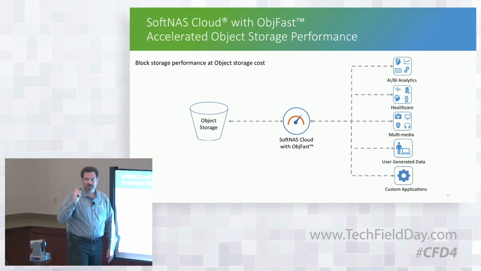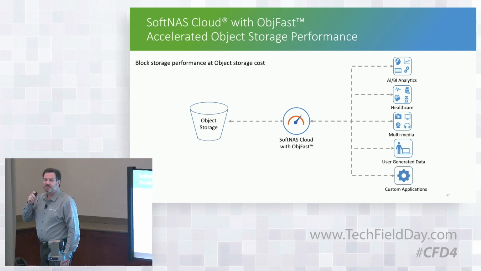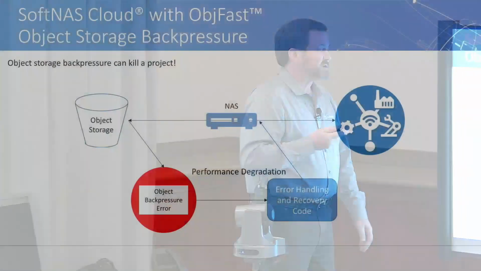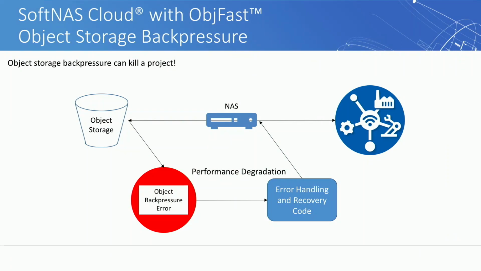So how many people are familiar with what happens when you overload an object storage environment? How many people have actually tried to push it beyond its limits? What happens is you start driving traffic to object storage, and you get backpressure. The object storage at some point will literally tell the NAS, and thus the app, I can't go that fast. What most NASs do is recover from the error and say, try it again.